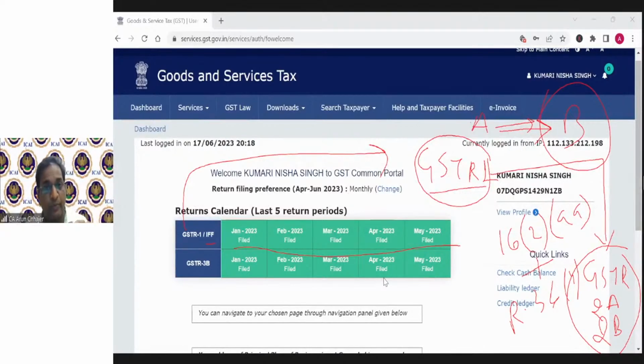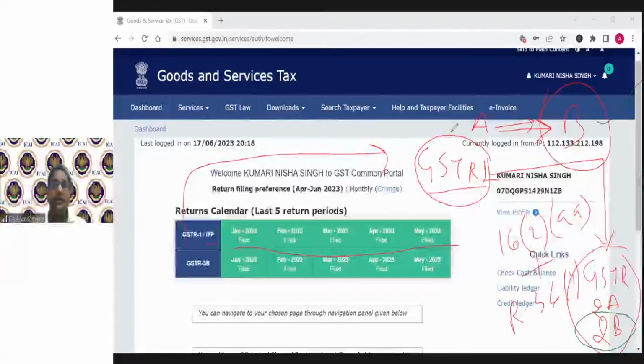When I explain it to all of you, you will be able to understand that the transaction appearing in the GSTR2B is a condition for taking the ITC by Mr. B.